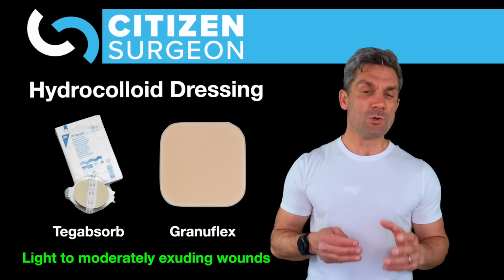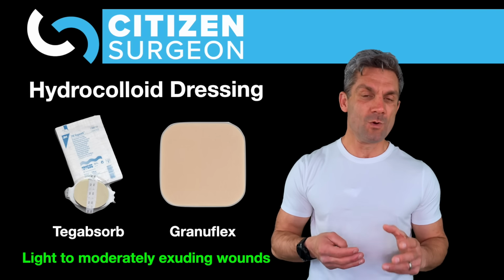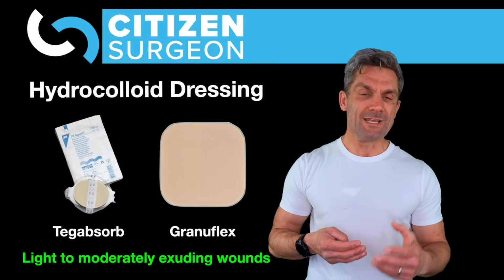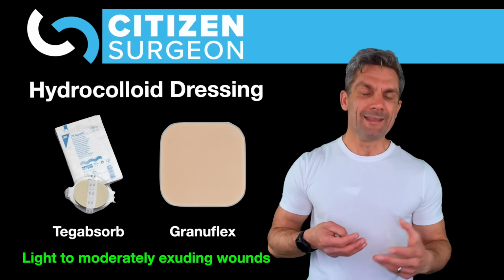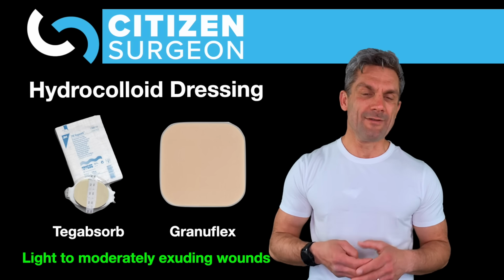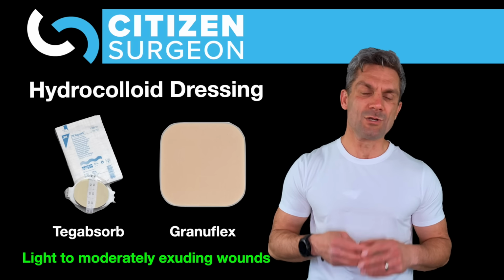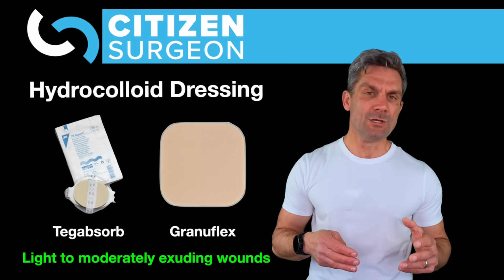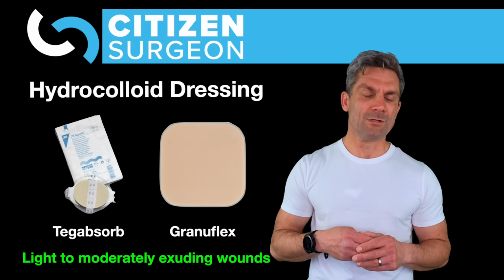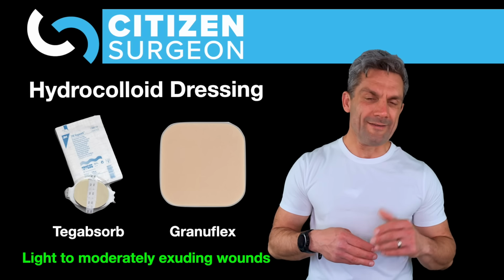They are not so great with highly exudative wounds. So you can imagine that exudate is going to form a gel, and if you have too much of it, you're going to get that tissue maceration, even bacterial contamination of the wound. So these are great for light to moderately exudative wounds. That may include a pressure sore, that may include a traumatic wound, or even a burn.